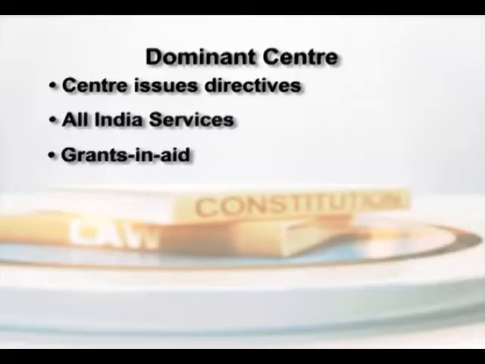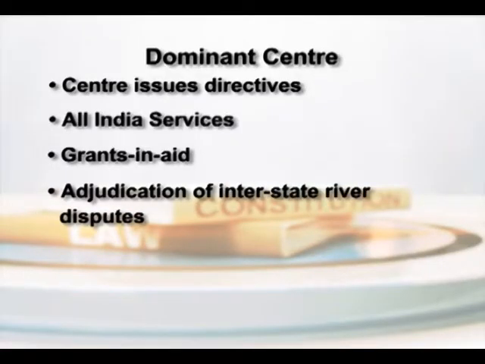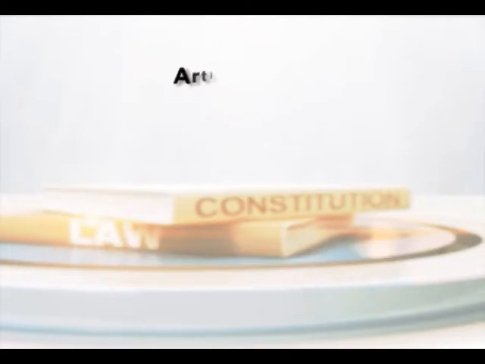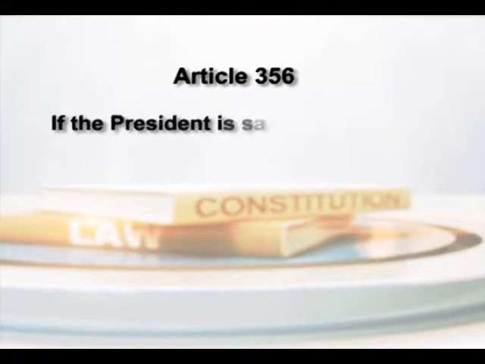So far as adjudication in interstate river disputes is concerned, or assumption of all the executive powers of the state during national emergency and emergency due to failure of constitutional machinery in a state, central dominance is inherent. Article 356, what does it suggest?